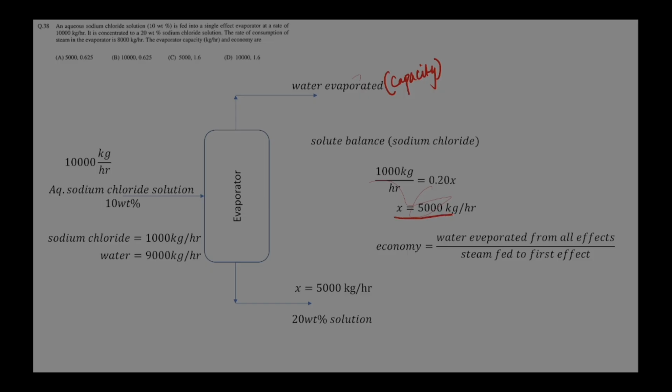So X is 5000 here. So capacity will be 10,000 minus 5,000, that is 5,000. If this answer is 6,000, then capacity will be 4,000. Now economy. Economy is water evaporated from all effects divided by the steam fed to the first effect only. So 0.65.